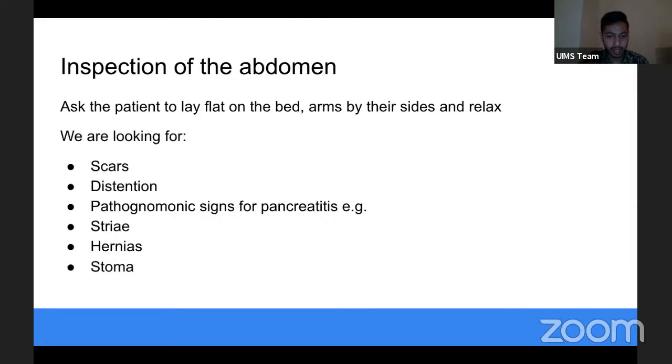And another thing we did not mention, which I'm remembering now, is it's also very, very important to check for any tubes or if there are any drains attached to the patient. And along with that, I think it's also important to inspect whether they have a urinary catheter.